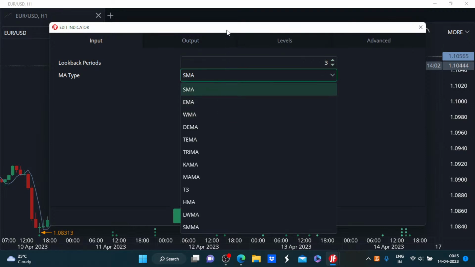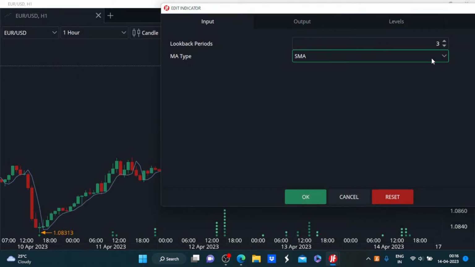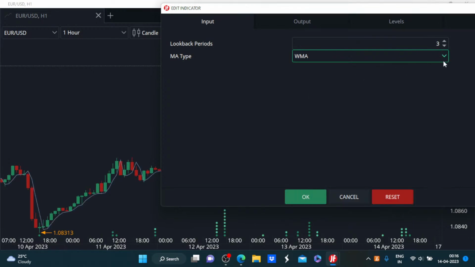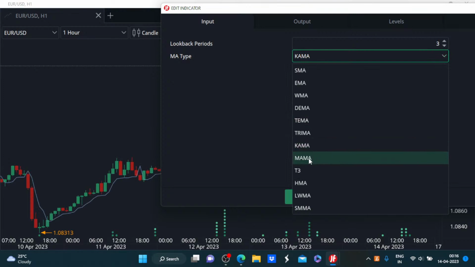And you can even vary these moving averages. You can go for SMA, EMA. Whenever you go for these different types of moving averages, you will have this plotting changing one by one. You can try out all these options.